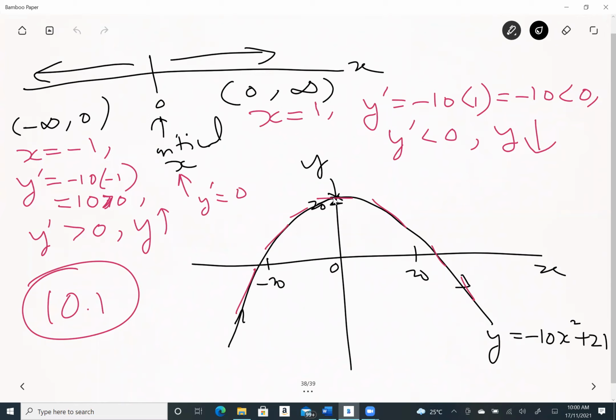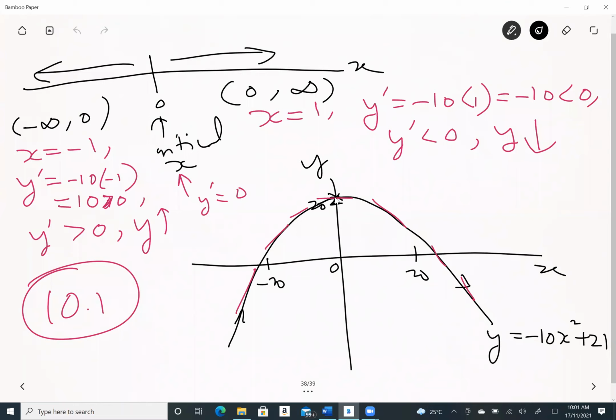You sketch the graph, or you can relate the behavior of the function, increasing, decreasing. So we are talking about the maximum or minimum at the critical point.